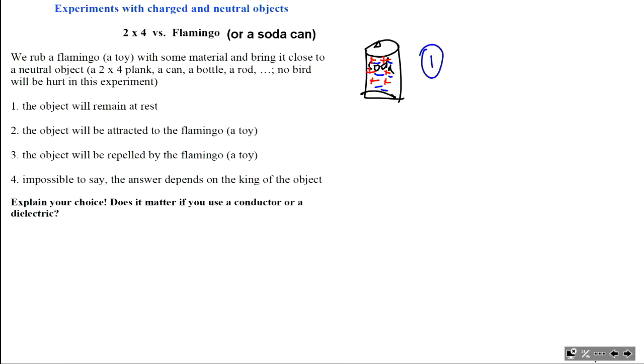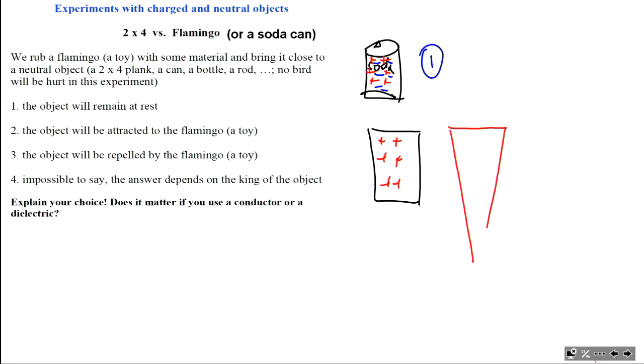Now what's going to happen if I have this can? Okay, I'm just going to do a rectangle. And I bring a bat close to it. I know the bat carries some charge, and I know from experience it has extra electrons, so it has a negative charge on it.